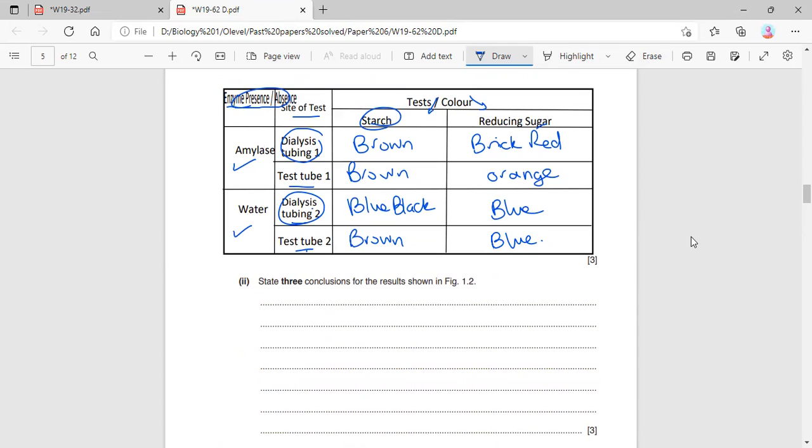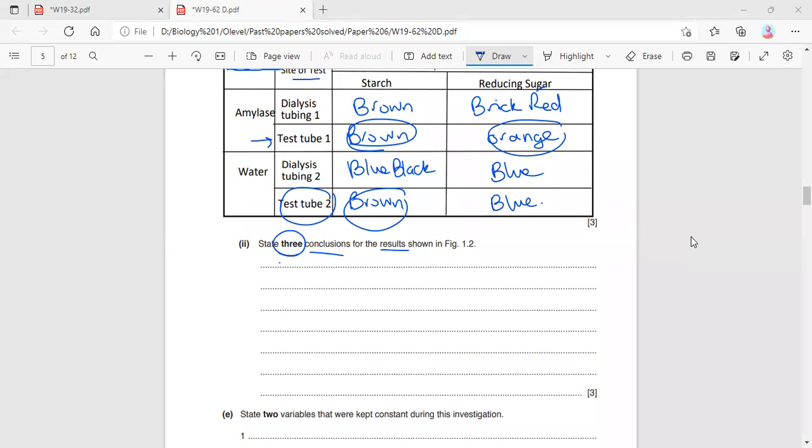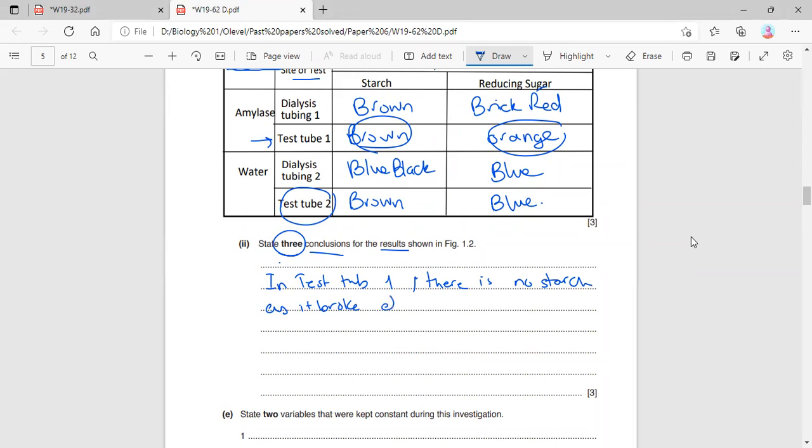The question after is, state 3 conclusions for the results. The 3 conclusions in this test, I can choose anything. Number 1, I can tell him that in test tube 1, there is no starch, as it broke down by amylase.